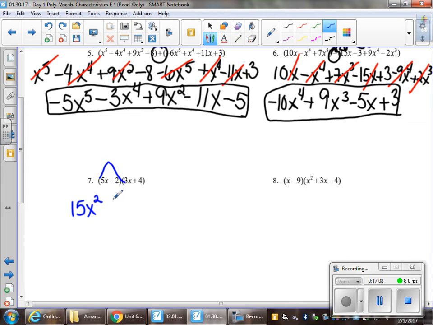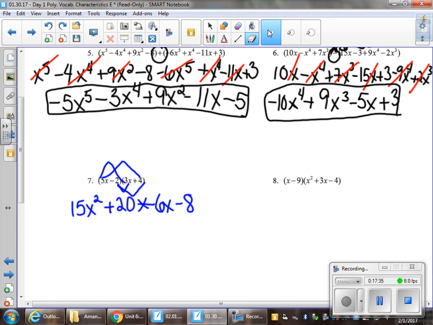What am I multiplying next? Which becomes 20x. And next? Which becomes minus 6x. And lastly, minus 2 times 4, which is minus 8. It is. I'll fix it.